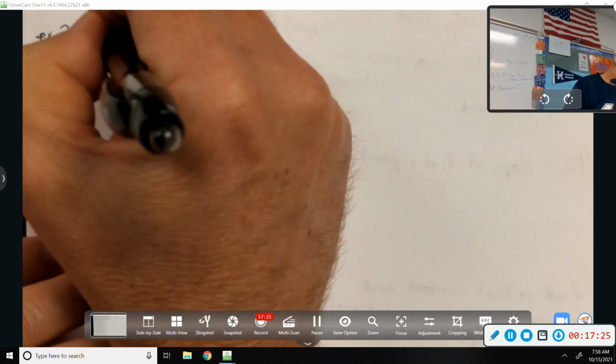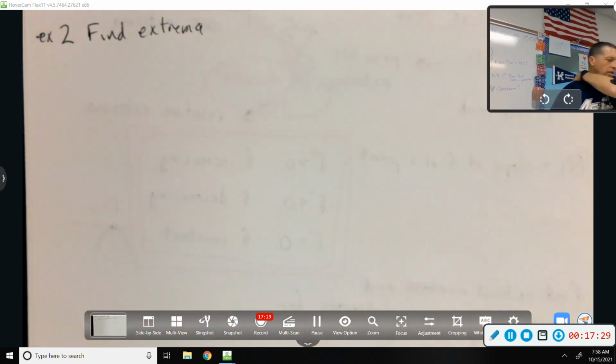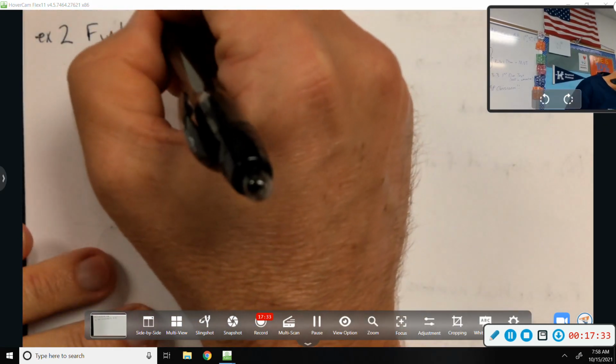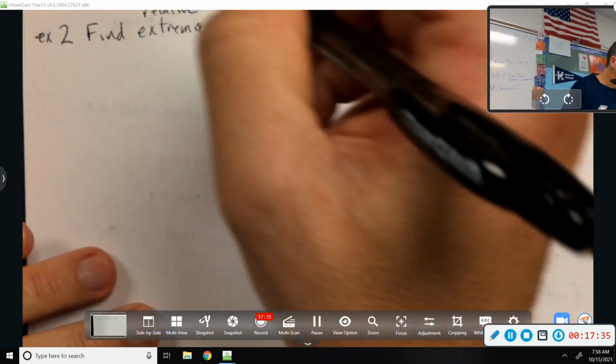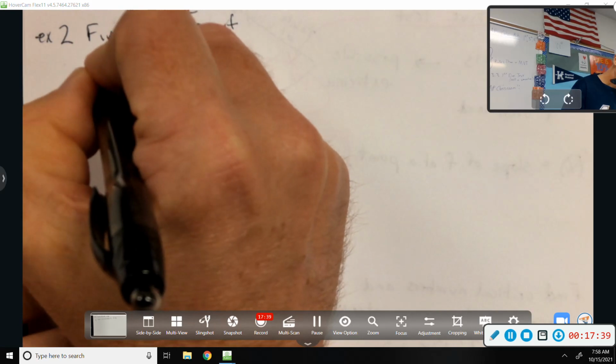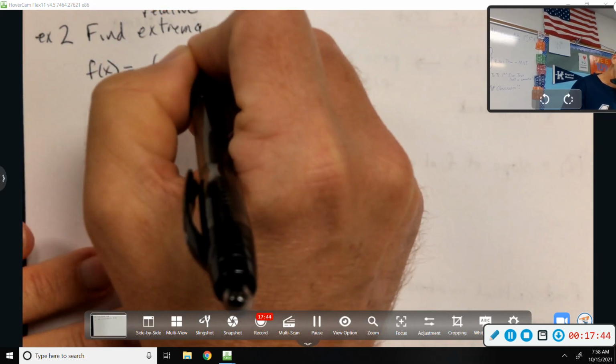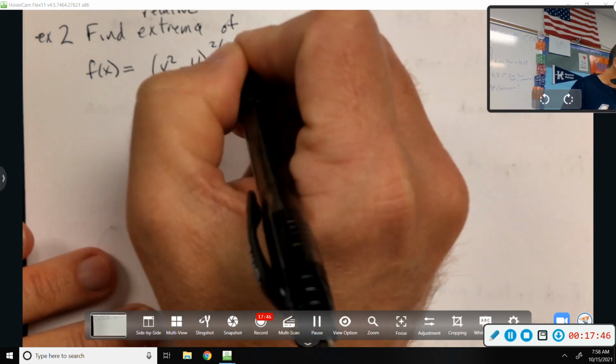So let's do one example where we find everything all the way through. We've done the pieces. Now let's find the relative extrema of f of x equals (x squared minus 4) to the 2/3.